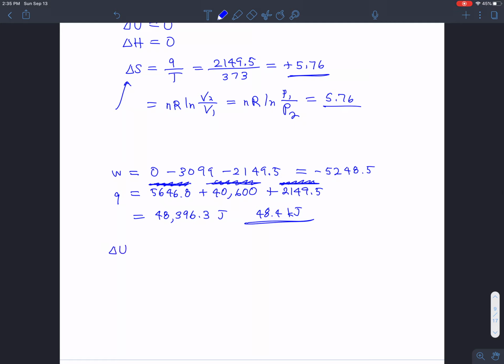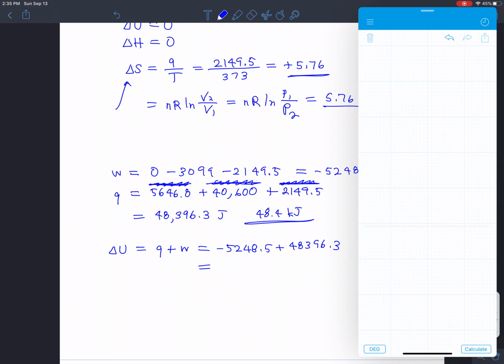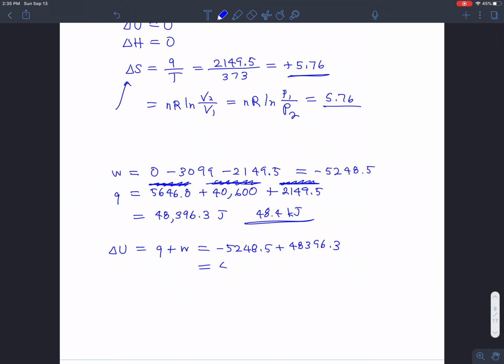All right, then delta U will be equal to Q plus W. Or we could add up the delta U's from above, but let's do it this way. So that's minus 5248.5 plus 48,396.3, and that is equal to 43,147.8.